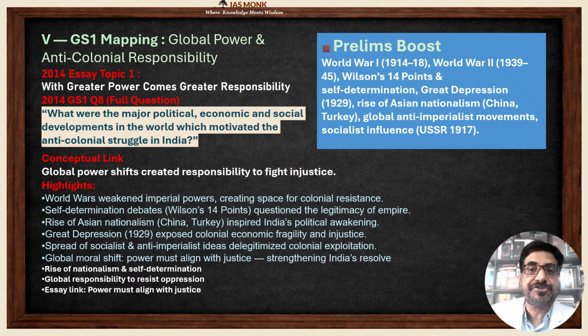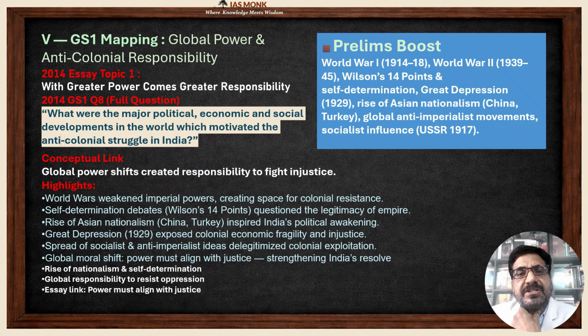It is not invincible. Woodrow Wilson's principles of self-determination, though selectively applied, ignited global debates on political freedom.